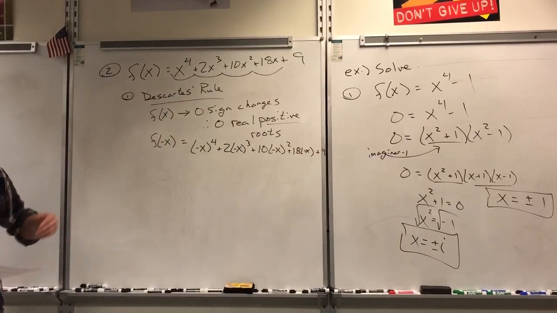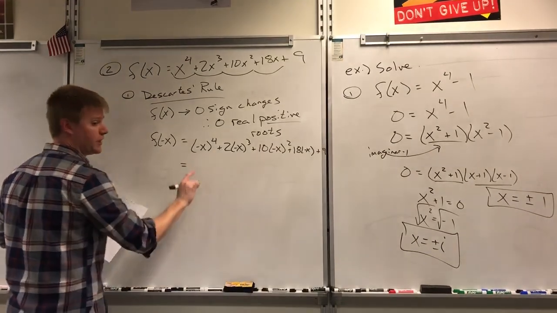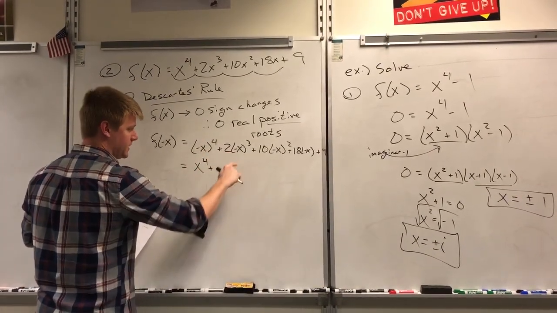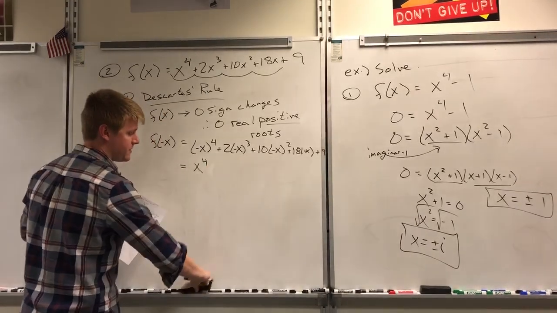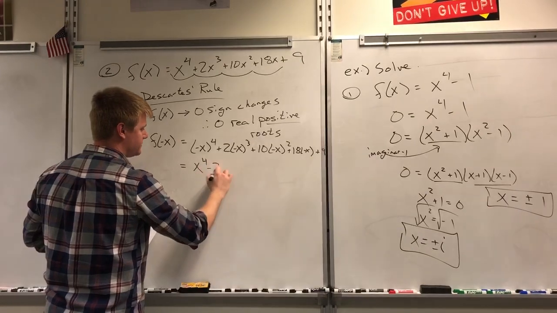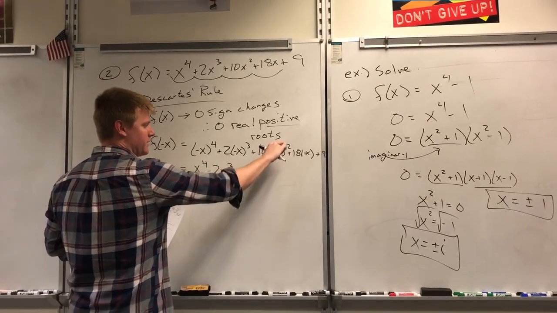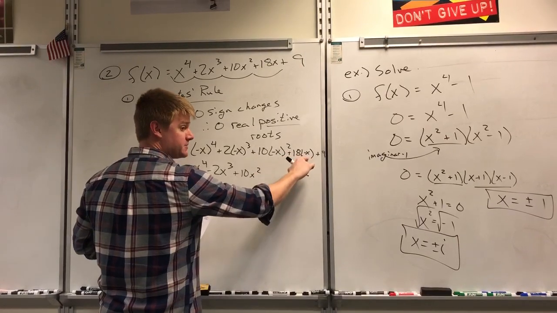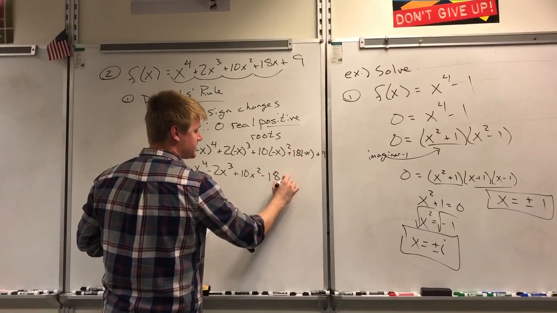And once again, I'm just going to use properties of exponents to evaluate: negative to an even power is positive. Negative cubed would be negative, so this will become a negative 2x cubed. Negative squared, once again, is positive. 18 times negative x would be minus 18x plus 9.